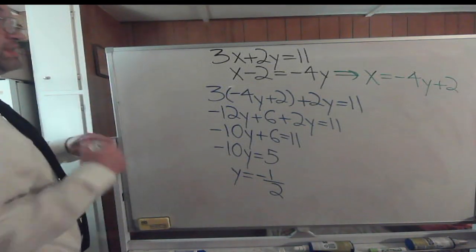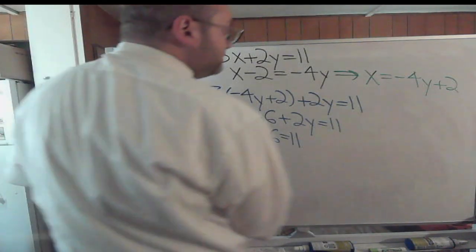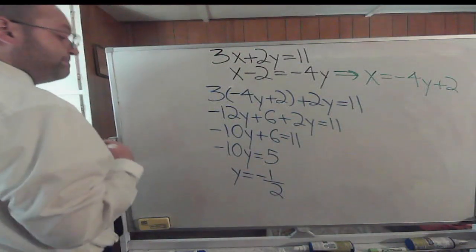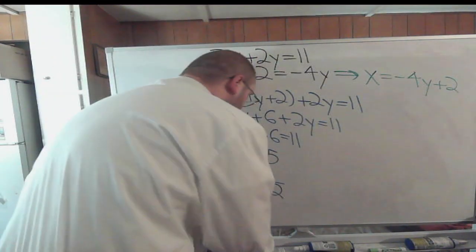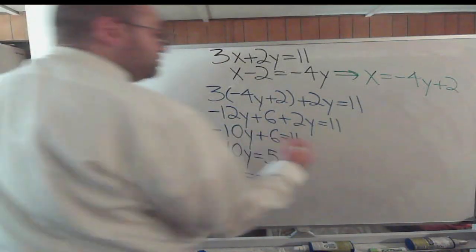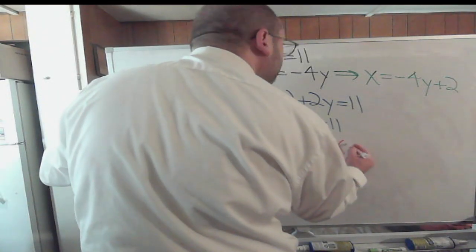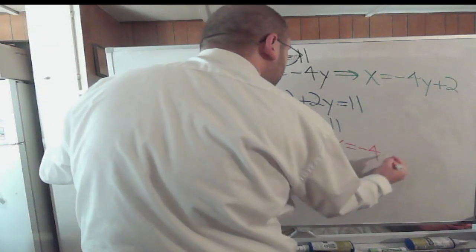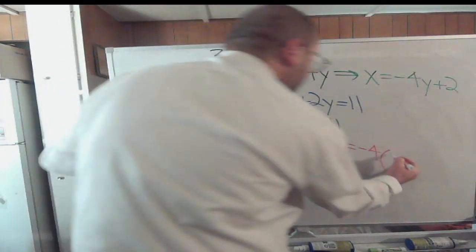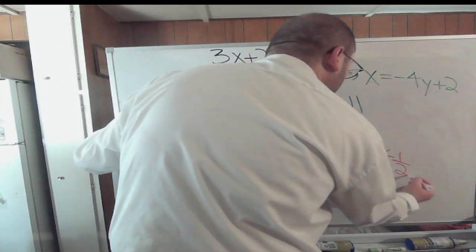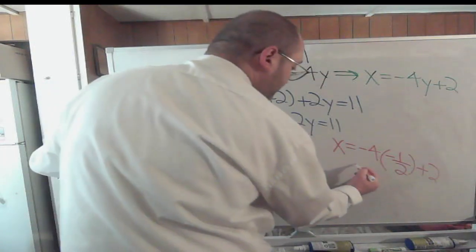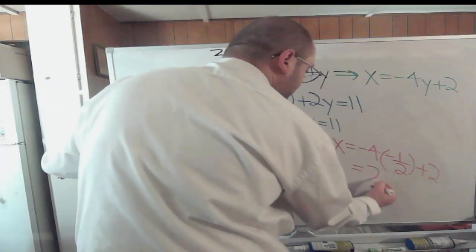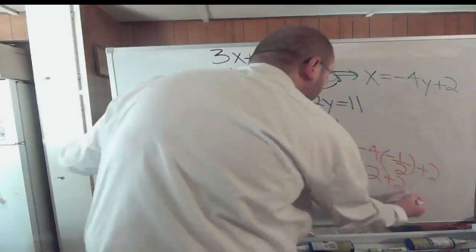Now we just got to find the x coordinate, put that y value of -1/2 into your equation of substitution. So let's see, we'll make x equal to -4 times our y coordinate of -1/2 plus 2. -4 times -1/2, that is +2, plus 2.